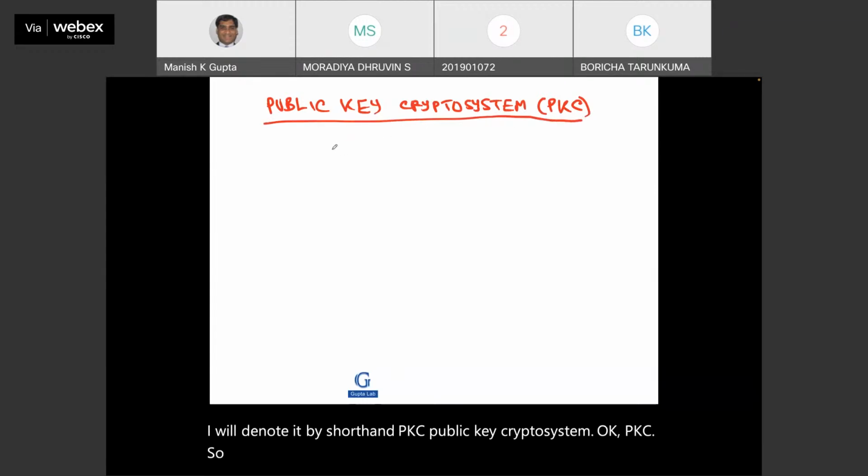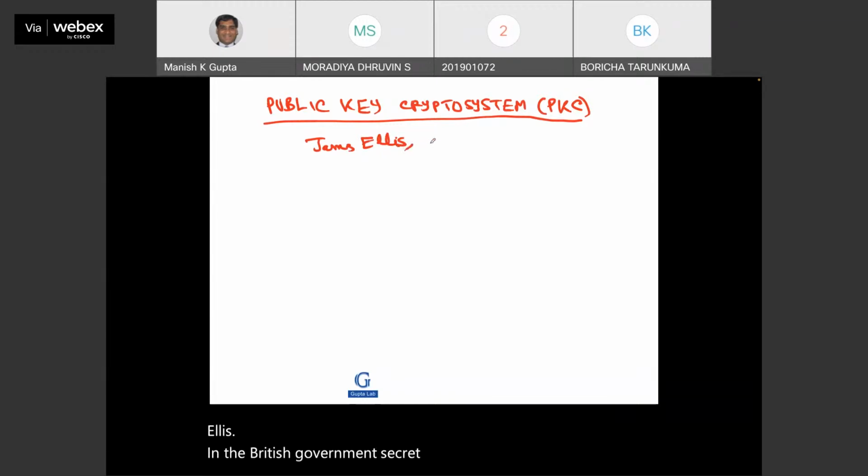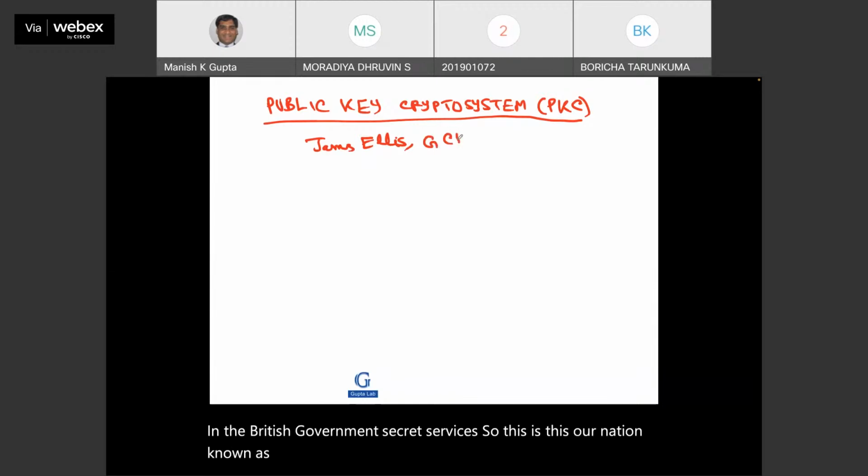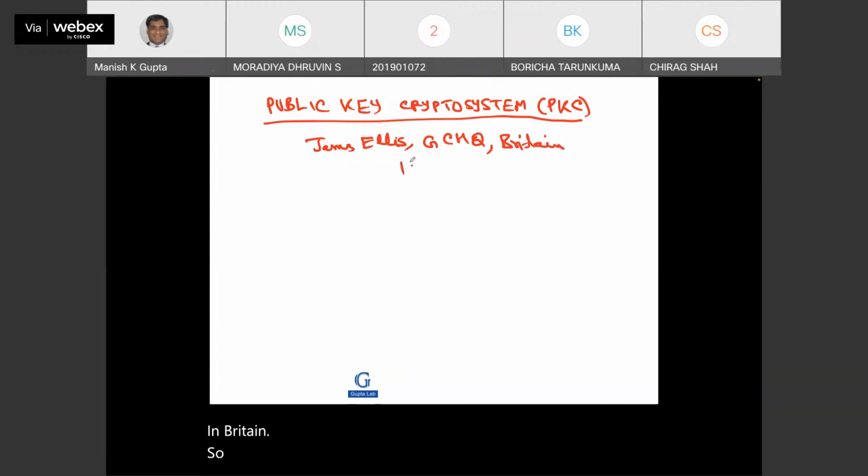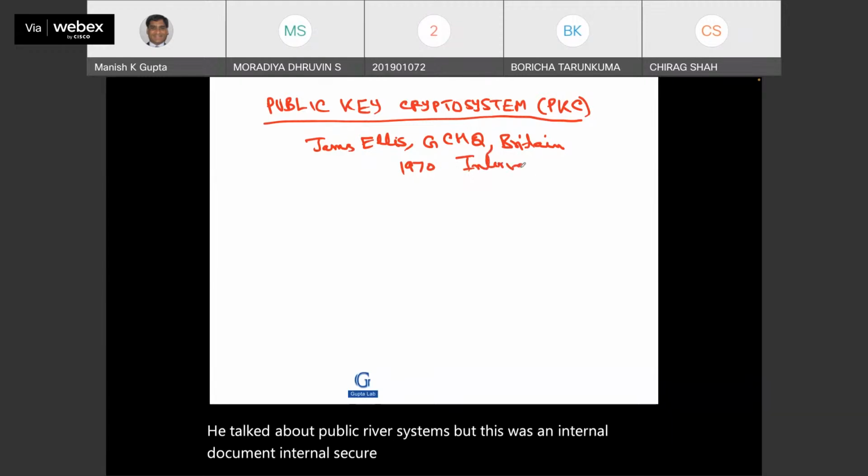The idea of public key crypto system came from James Ellis in the British government secret services, an organization known as GCHQ, Britain. In 1970, he talked about public key crypto systems, but this was an internal secure document and it was not known to the public.